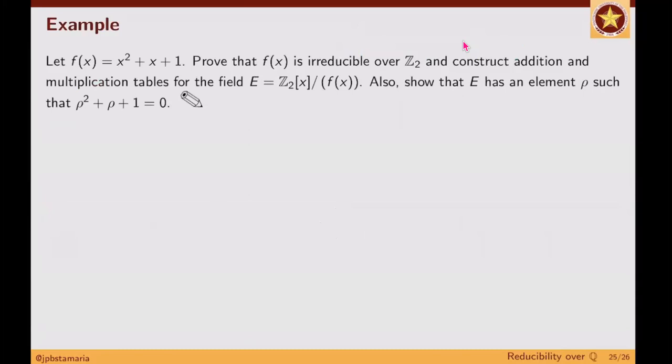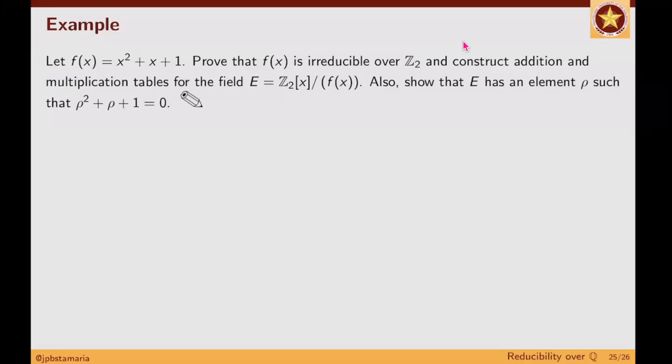All right. So what's this? So here I have the polynomial x squared plus x plus 1. Prove that f of x is irreducible over Z sub 2. Construct addition and multiplication tables for the field E, which is the quotient ring Z2 square bracket x modulo the ideal generated by f of x.